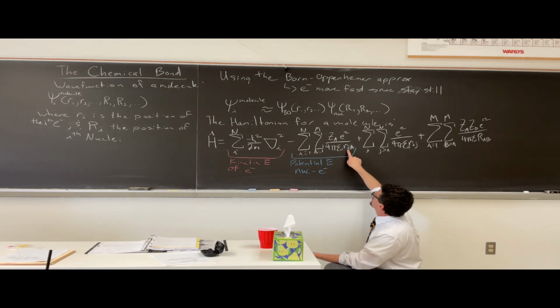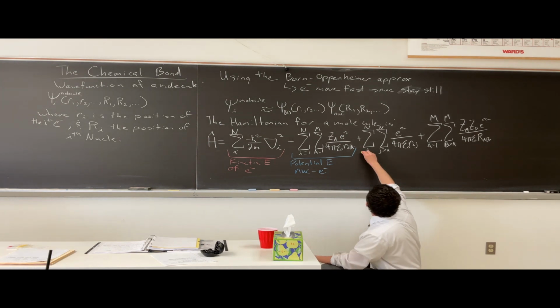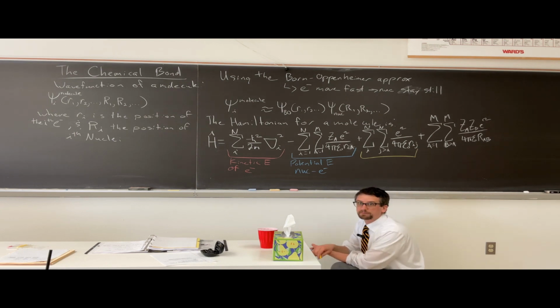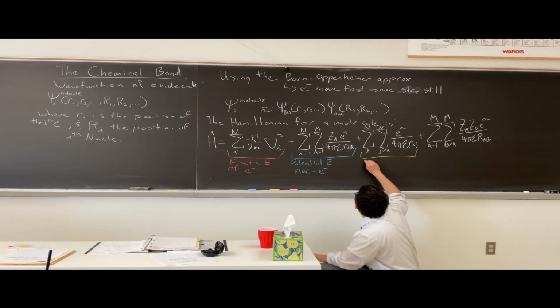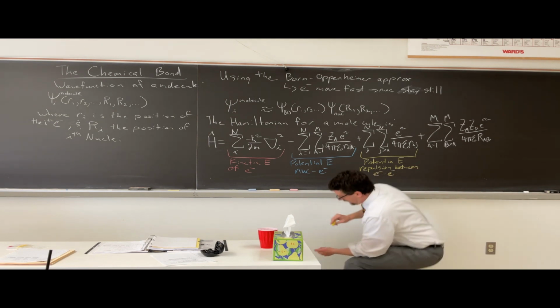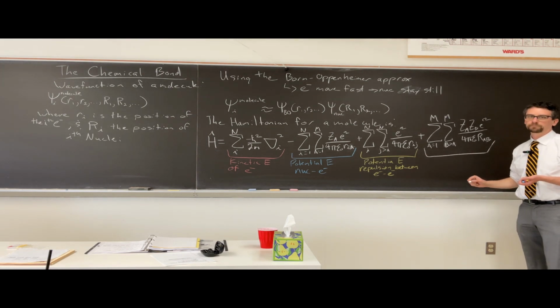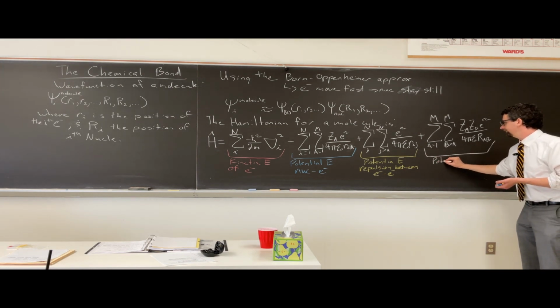And we're talking about the distance between the electrons and whatever nucleus we're looking at. This term, what's that? Yep. It's a potential energy. It's a repulsion between electrons. And then finally, this last term. Yep.